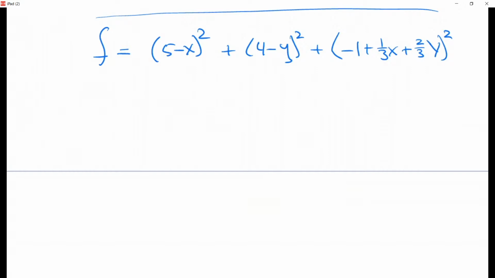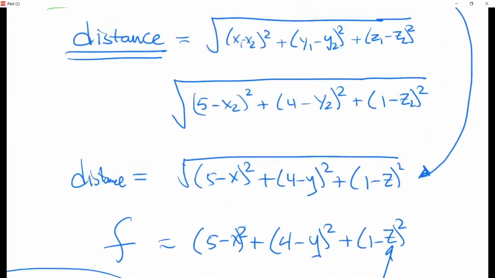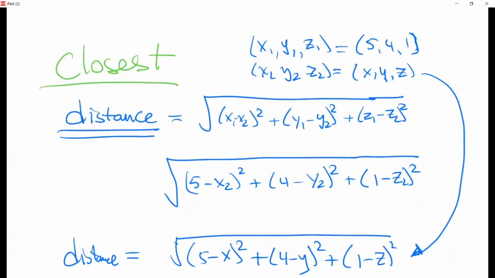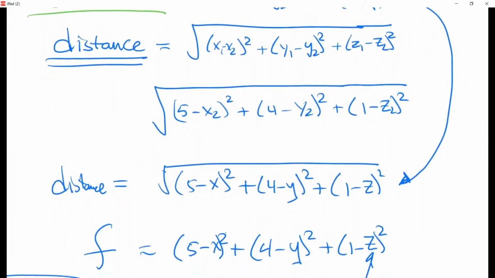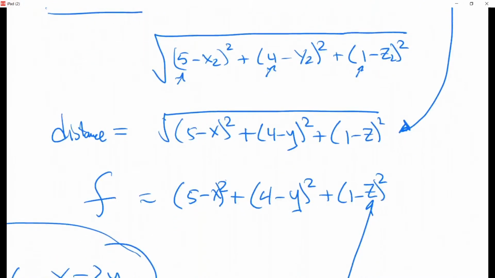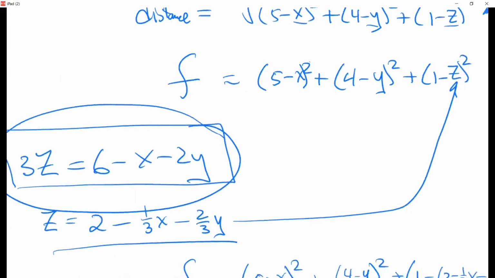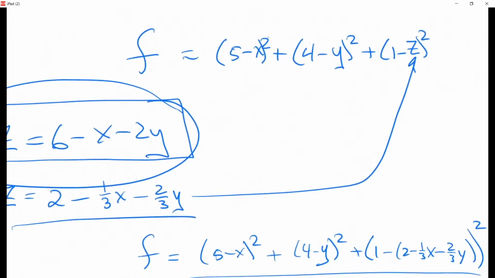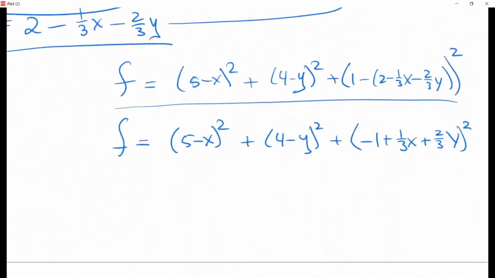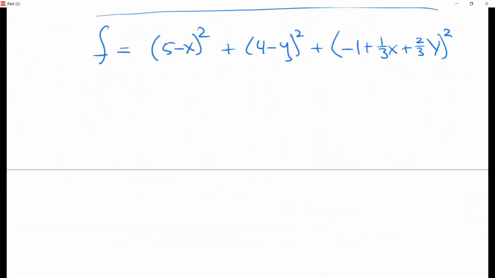You've got to write things down and go through the trouble of saying, okay, I want to optimize distance, and then let's see what the distance formula is. Let's plug in the point. So notice that's the next thing I did. And then I was like, okay, I'm trying to find the distance between that point and some generic point x, y, z. But I have a constraint on my x, y, and z, specifically the plane. And so I'm going to make that substitution in z. And then I've got this, and I simplified it a little bit, and that's what I end up with.